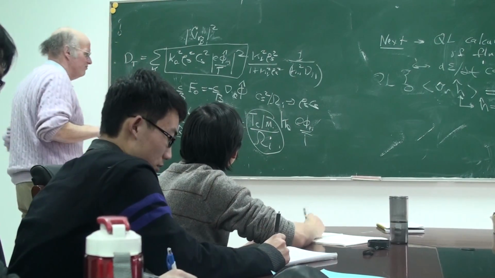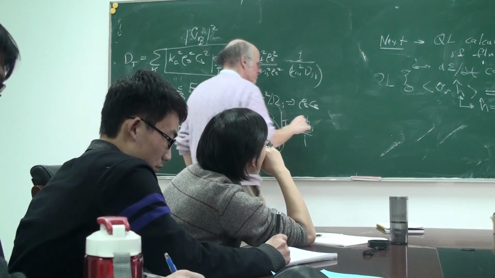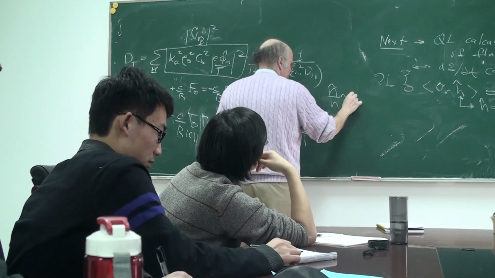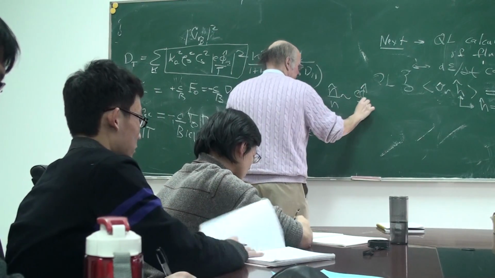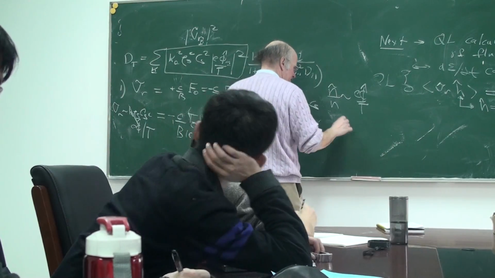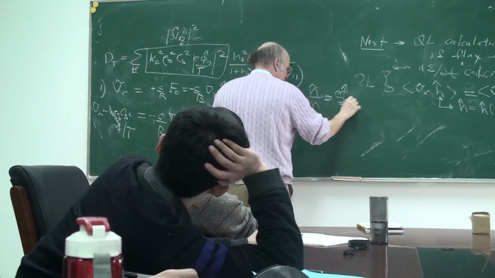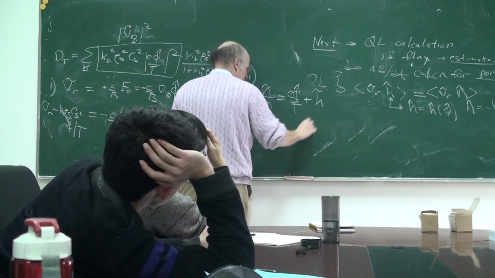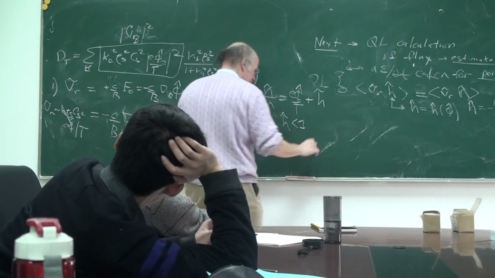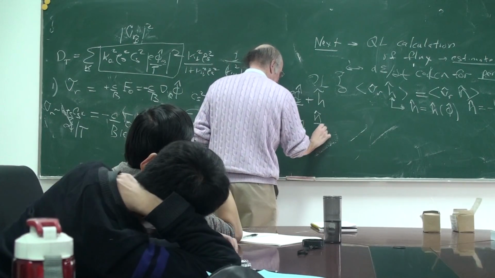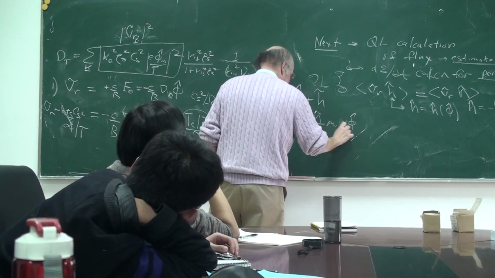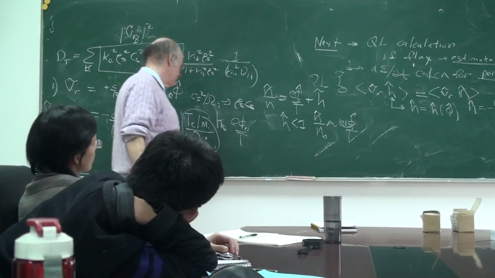Obviously, another good practical rule of thumb in drift wave turbulence is that n tilde over n is always roughly of order e phi over T. I mean, really, of course, n tilde over n is equal to e phi over T plus h, but as we've been saying, h is always less than 1. So at a quick estimate level, you could take n tilde over n of order e phi over T. Right?